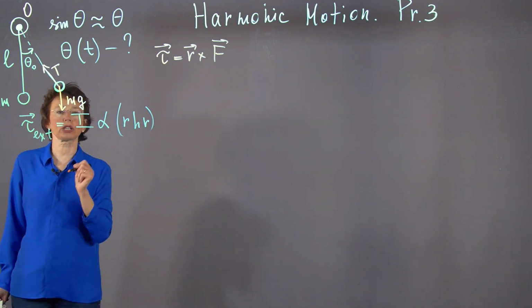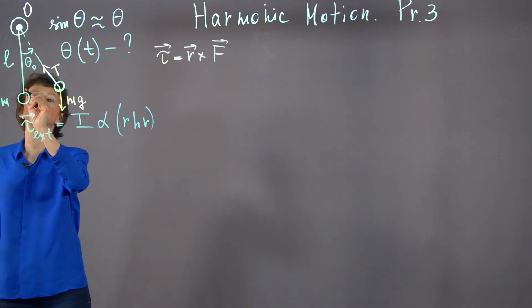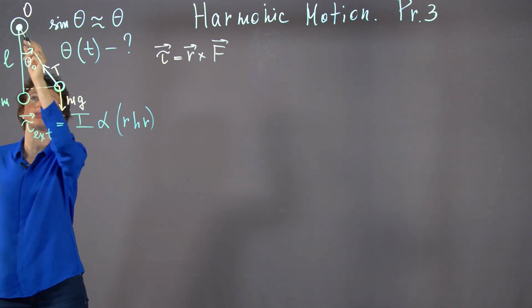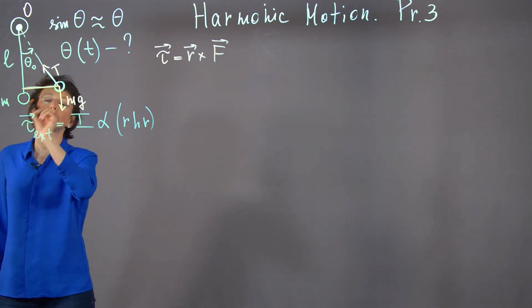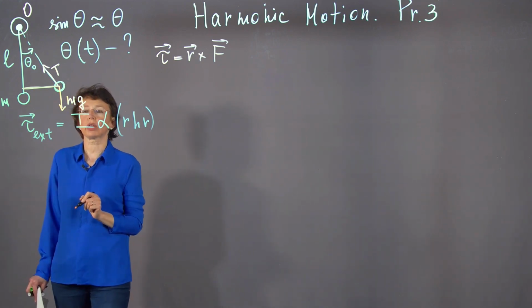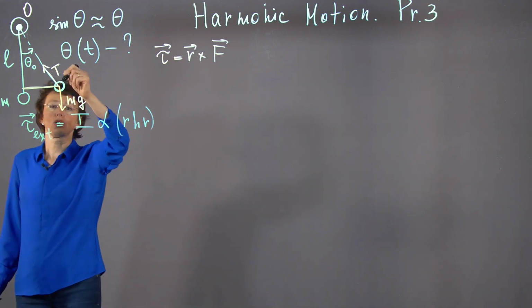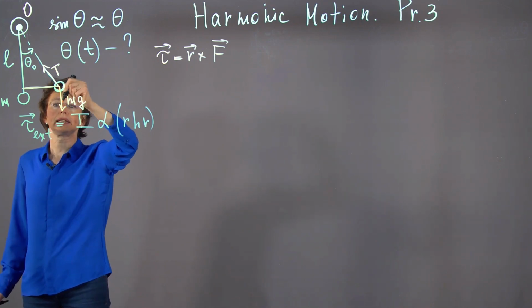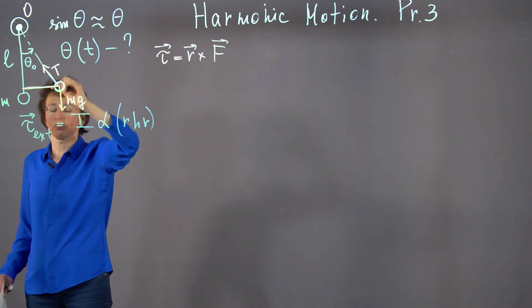What is the torque created by gravity? Well, we need to figure it out. I will draw the line perpendicular to vertical, because for torque, it's a cross product. We are looking for perpendicular components of R and force. Force of gravity is down. R is from the pivot to the point where the force is applied.